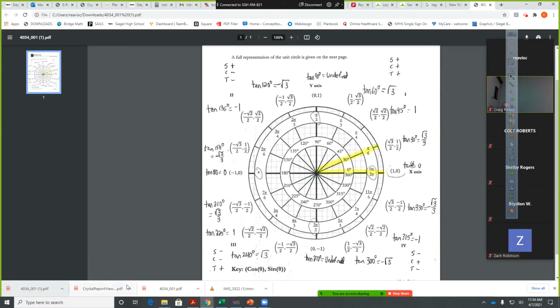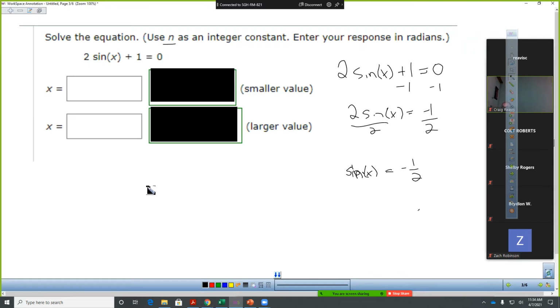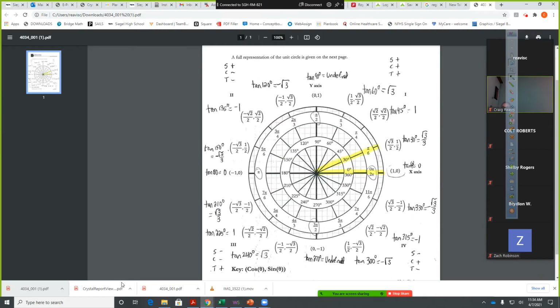So I'm looking for when is sine of x equal to -1/2. So I go to my unit circle. The sine is the y coordinate. So it's +1/2, -1/2 right there at 2 pi over 3. So 2 pi over 3 is one of mine. And is there another one? There should be another one. 2 pi over 3. I'm looking at -1/2. There's -1/2 again. Nope, I'm looking at the wrong one. -1/2 right there for the y coordinate.